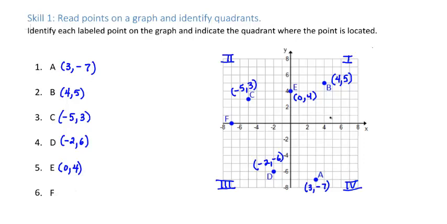And point F is on the x-axis. To get to point F, we move left 7 units and we don't move up or down, so that is the ordered pair negative 7, 0.